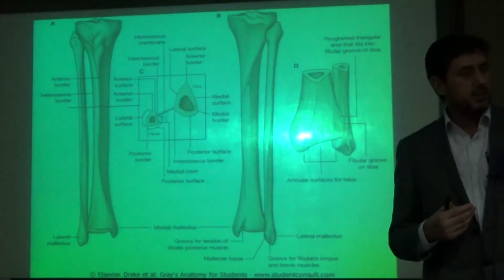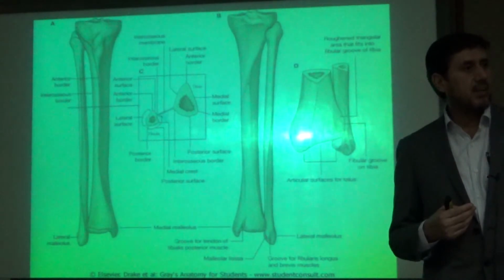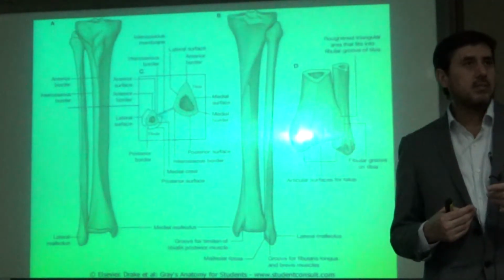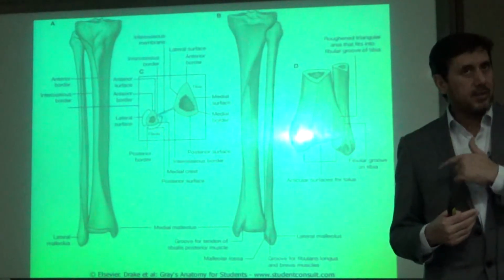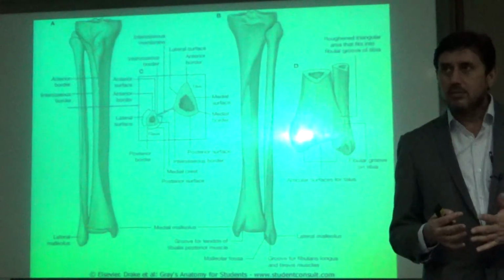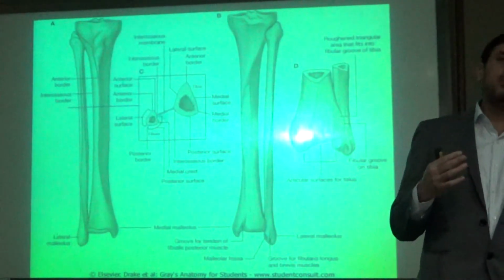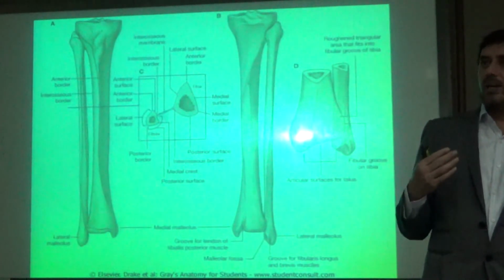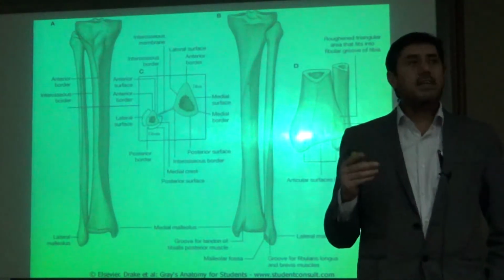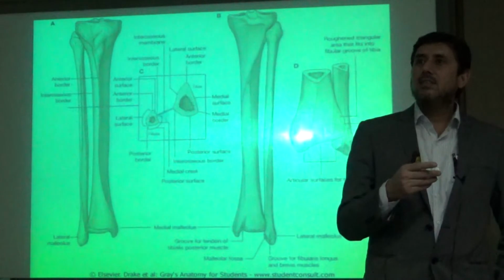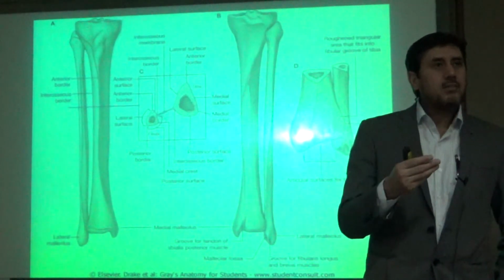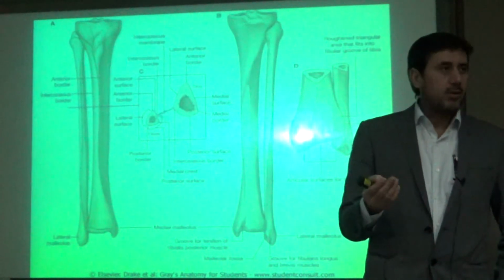Is the shoulder joint between clavicle and humerus? No, it is between scapula and humerus. If I ask what are the articular surfaces of the elbow joint? Radius, ulna and humerus. Which part of the humerus? Trochlea and capitulum. Okay.